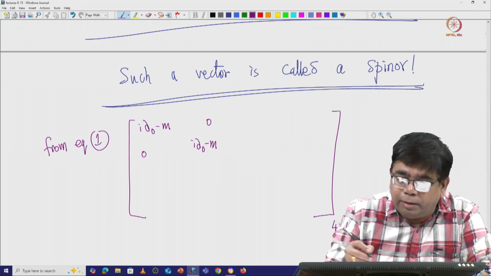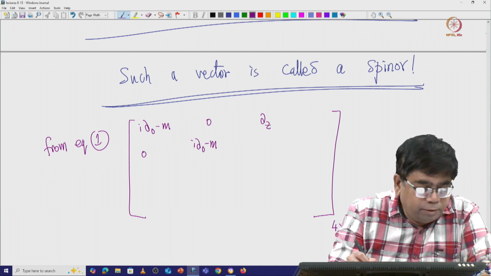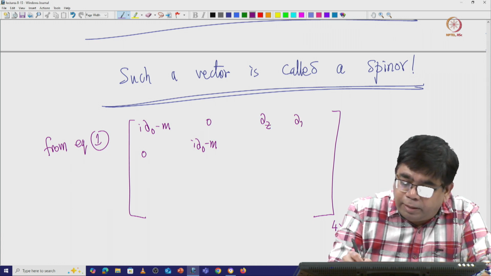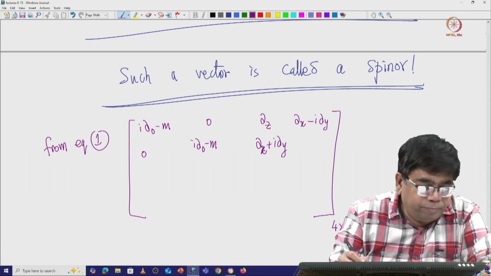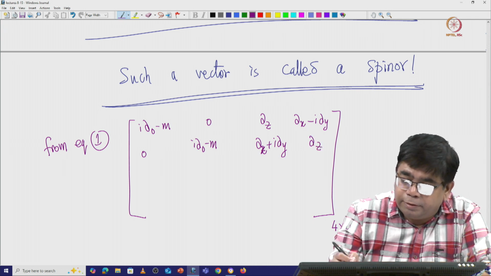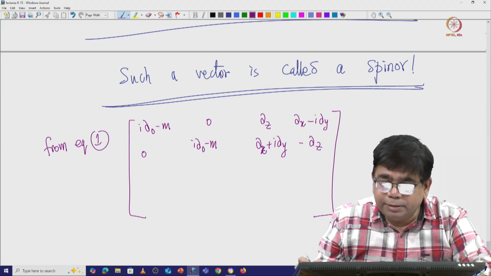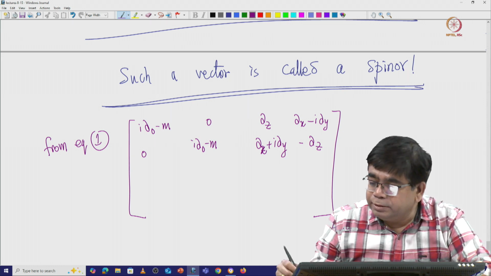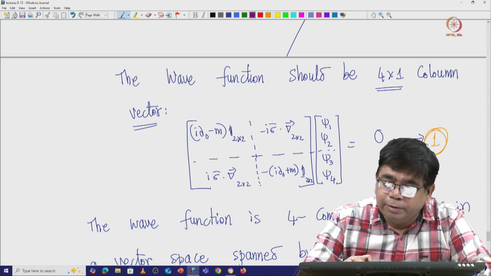And the thing with del x minus I del y, del x plus I del y, del z, minus del z. The upper 2 by 2 matrix is essentially given by the sigma matrices, so the sigma matrices multiplied by I del.